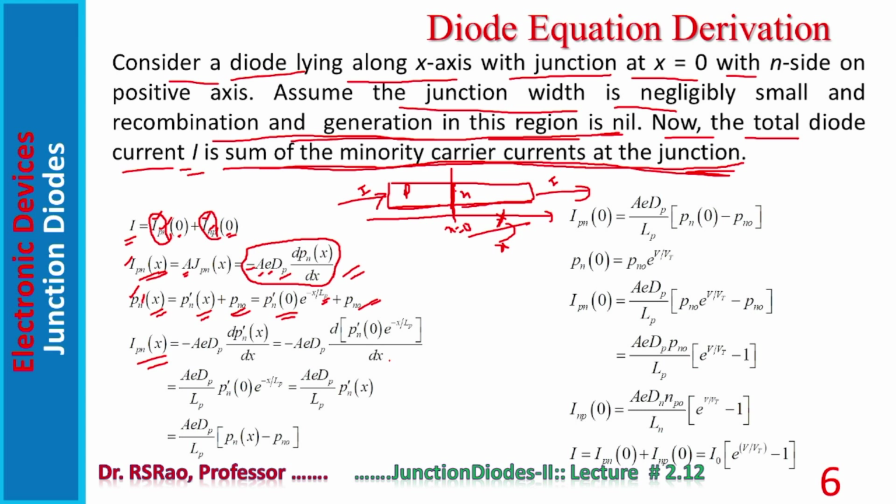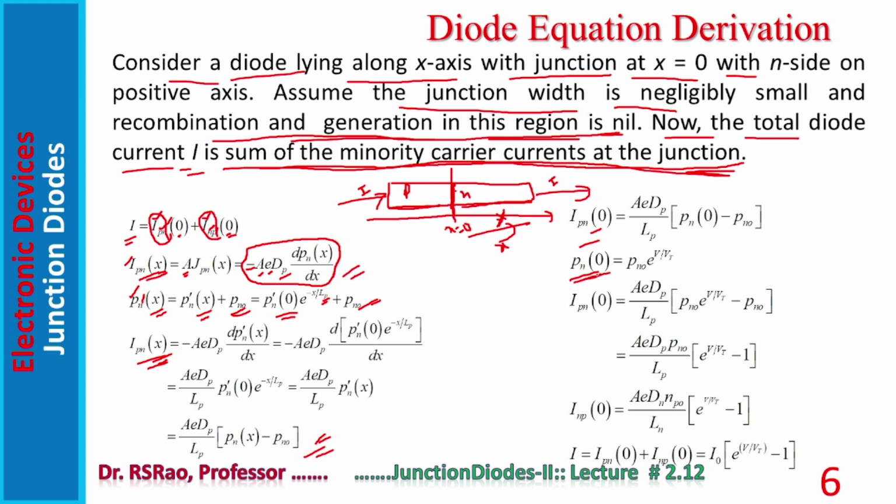Differentiation and a little bit of manipulation gives us IPN(x) as A e Dp/Lp multiplied by Pn(x) minus Pn0. Now, from this expression, IPN(0) can be seen as A e Dp/Lp, Pn(0) minus Pn0.